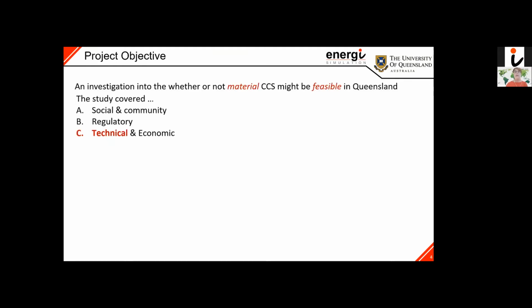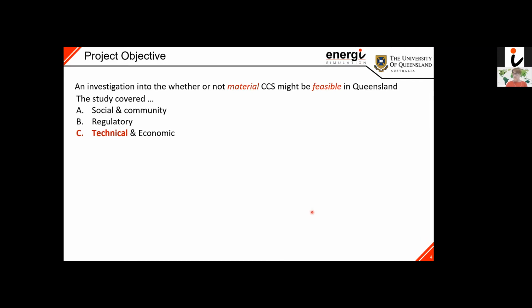Now, the purpose of the project is to investigate whether or not material CCS might be feasible in Queensland. This study covered 3 areas, and I will be focusing on the technical aspects and more specifically in the subsurface.